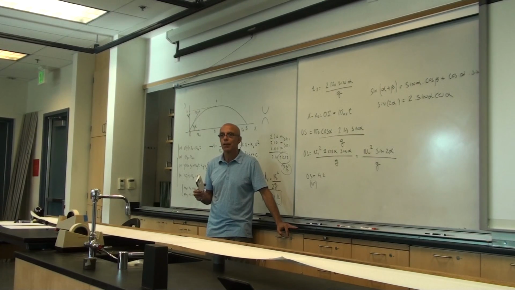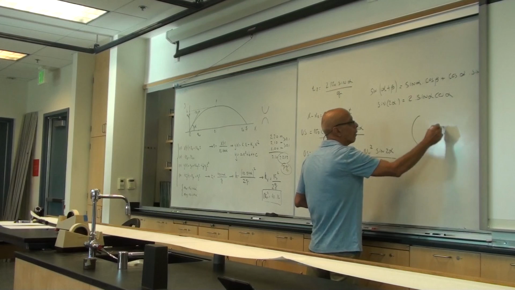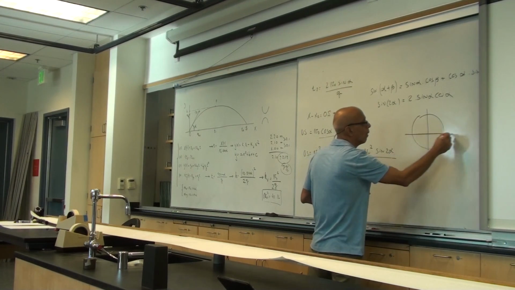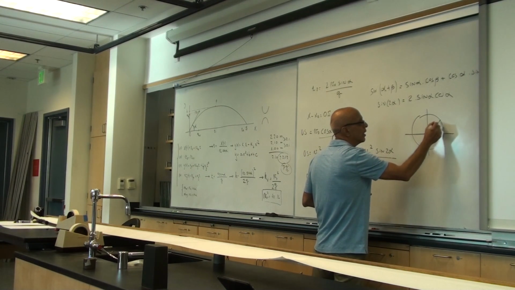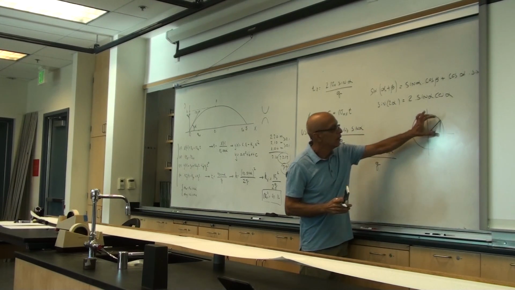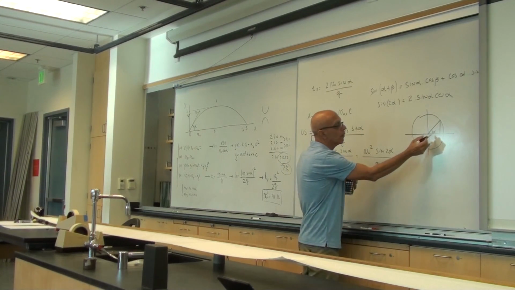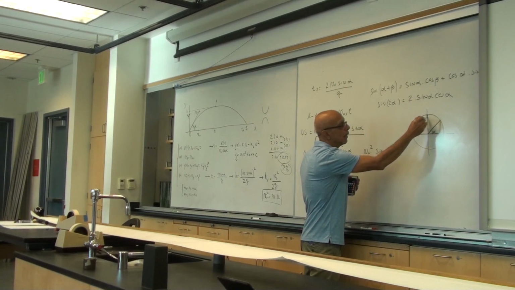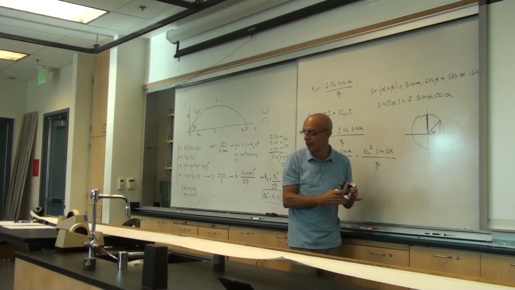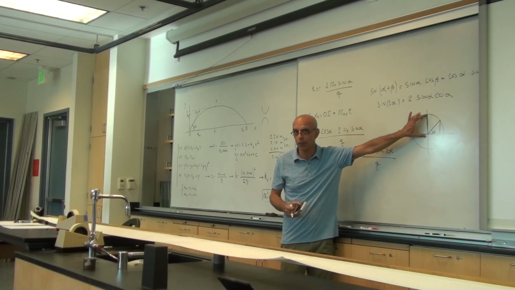Exactly. Okay? If you remember the trigonometric circle, the sine is this height here, right? When this angle is exactly 90, the height is the radius of the trigonometric circle, that is equal to 1.